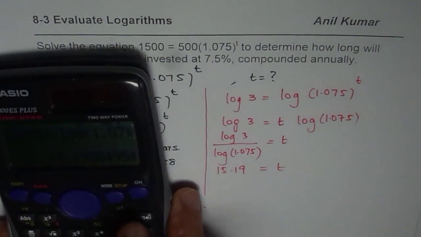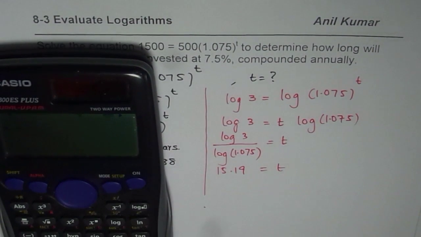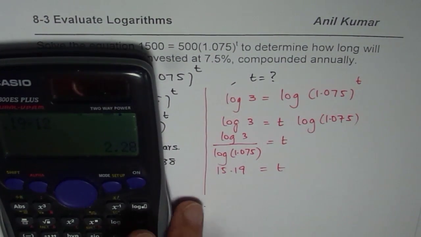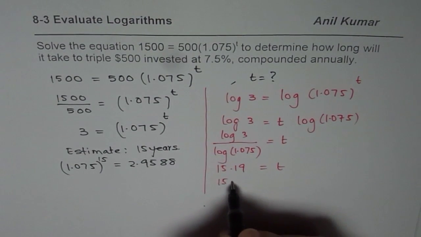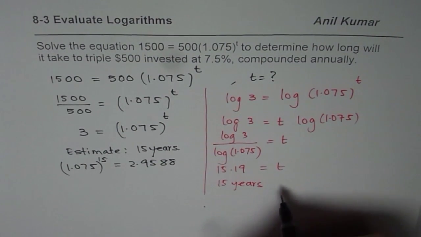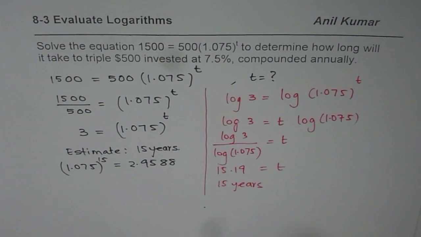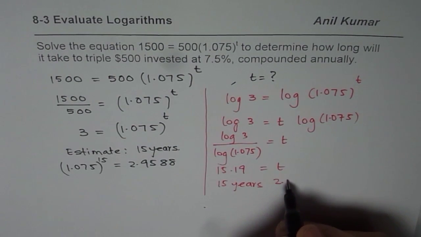Of course, 0.19 could be multiplied by 12 to get months, which is around 2.25. So we can say 15 years and 2.25 months, or you can say 3 months.